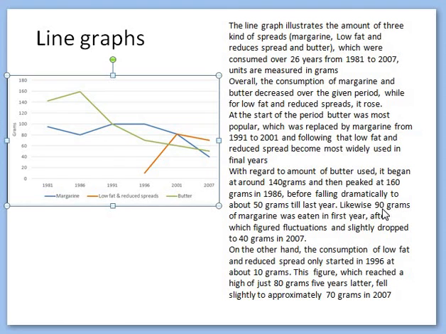Likewise, 90 grams of margarine was eaten in the first year, after which the figure fluctuated. It means it goes down, it goes up. Fluctuation means it neither consistently decreases nor increases; it does not follow a proper pattern.